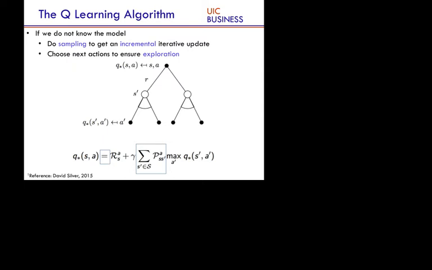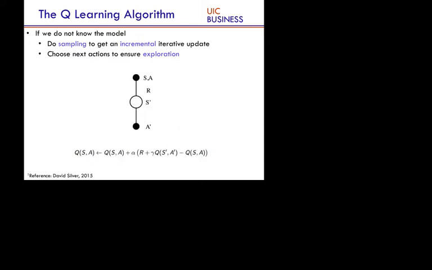So how do you do that? We're going to change these two. The first change is going to be sampling. Let's say I'm in state S and I'm taking an action A. Then I'll get an instantaneous reward R, and I'll reach state S prime, which the environment gives back to me.